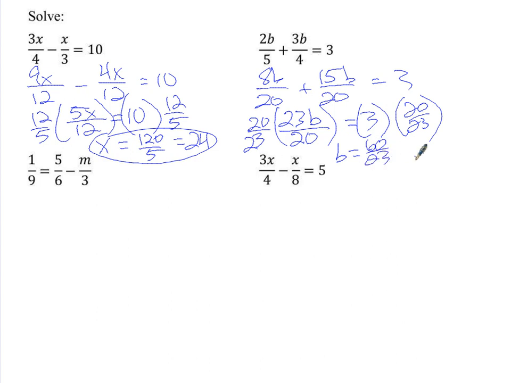Does that reduce? No, it doesn't. You can type that into your calculator, 60 divided by 23, and hit enter, and it'll give you 60/23 as the answer. It automatically reduces the fraction for you. So if you're trying to reduce a fraction, you can do that. Circle it. You're done. That's the answer.